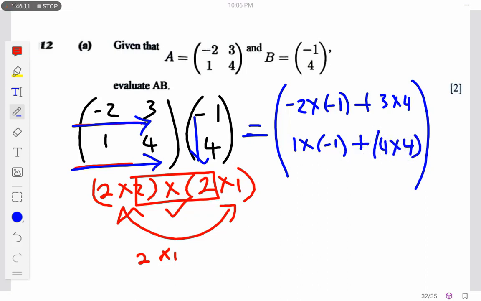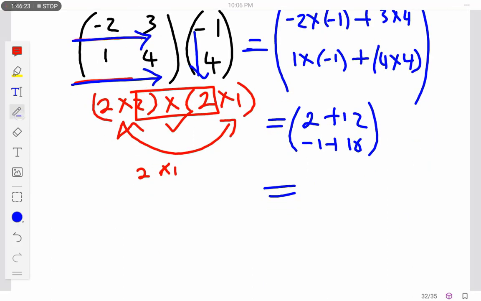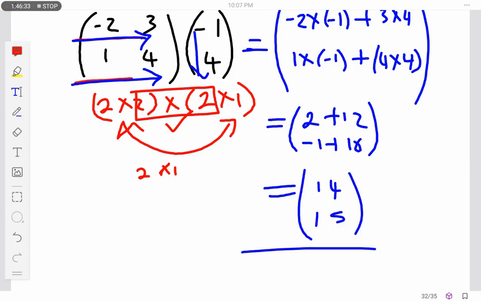So at the end of the day, I'm getting 2 plus 12, and minus 1 plus 16. Okay, and then what is our final answer? 2 plus 12, that's 14, minus 1 plus 16, that's 15 there. So this is our final answer. Okay, let's move on to the next question.